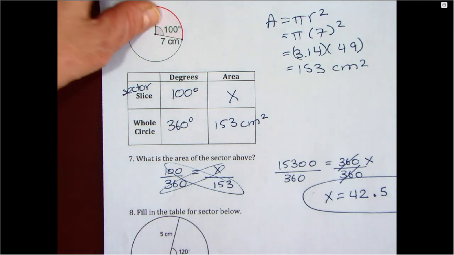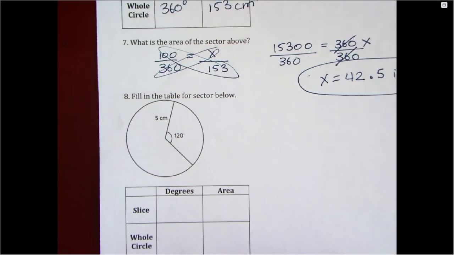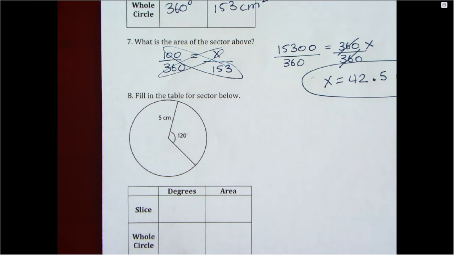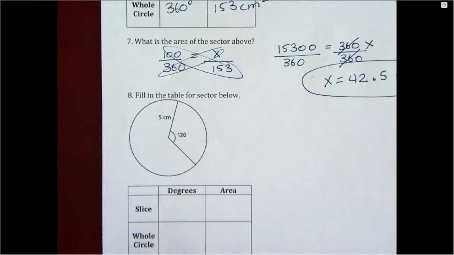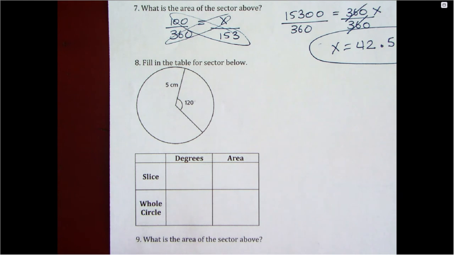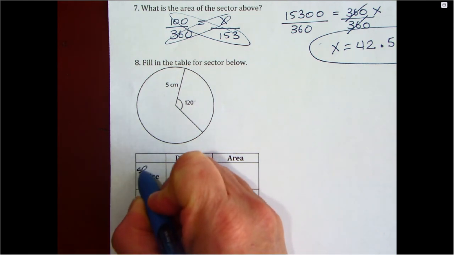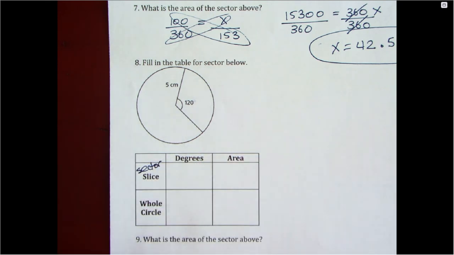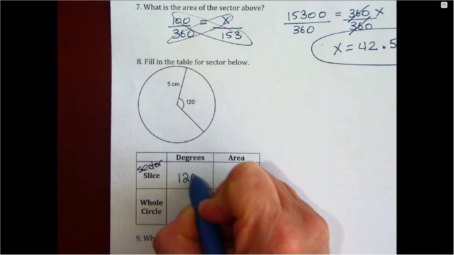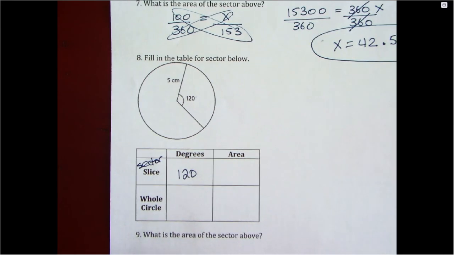We're going to do one more example. In this example, we're going to look at question number 8. I'm going to guide you through it. What is the degrees of the sector, also known as the slice? How many degrees are in a whole circle?